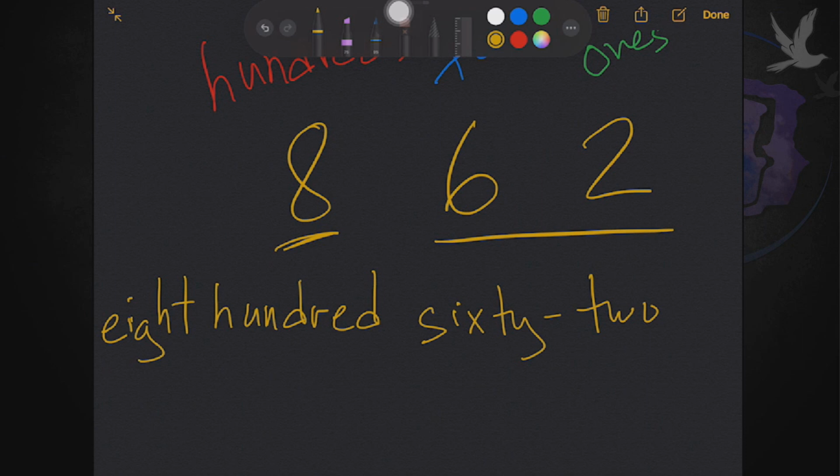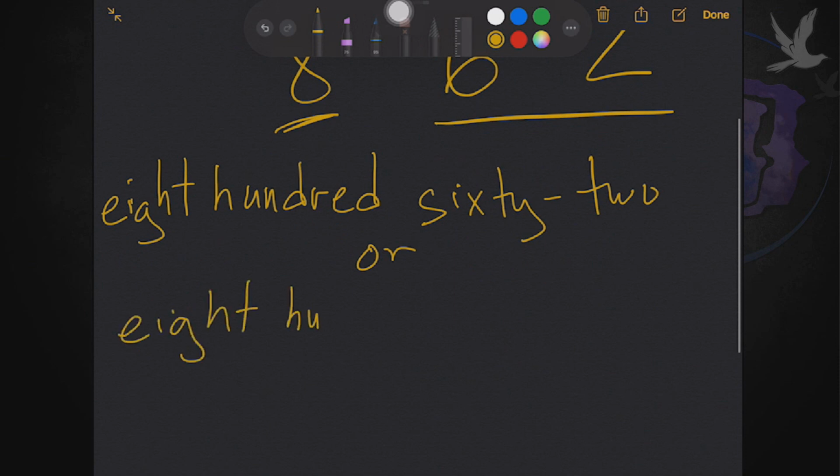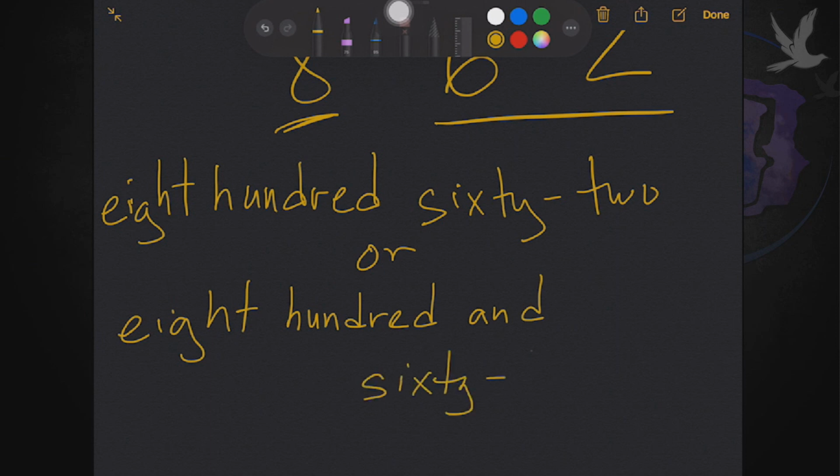Reading the number entirely, that's 862, or like what I've said earlier, eight hundred sixty-two. Please take note of the hyphens again. It is important.